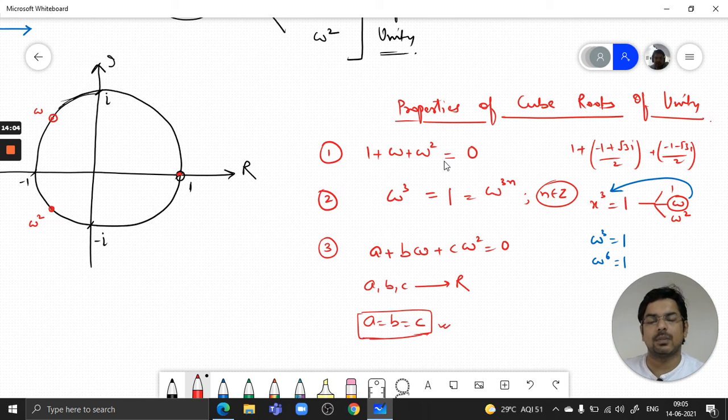Okay, this is obvious. If a equal to b equal to c, I mean all 3 are equal, then we will take common out here and we'll get 1 plus omega plus omega square, which is always 0. We know. Okay, so this was the whole concept of cube roots of unity.